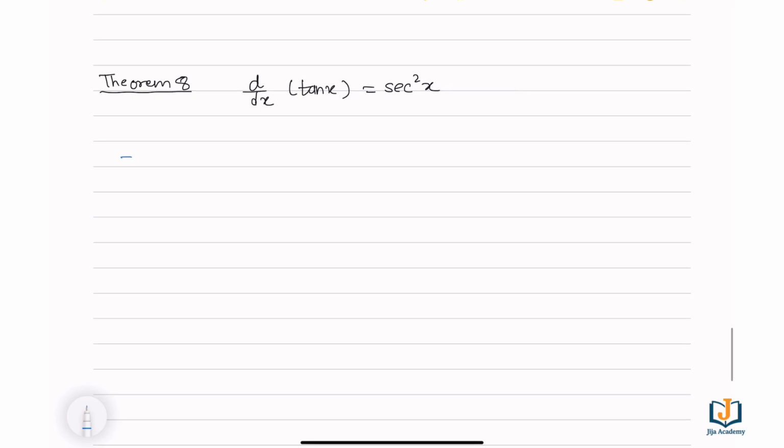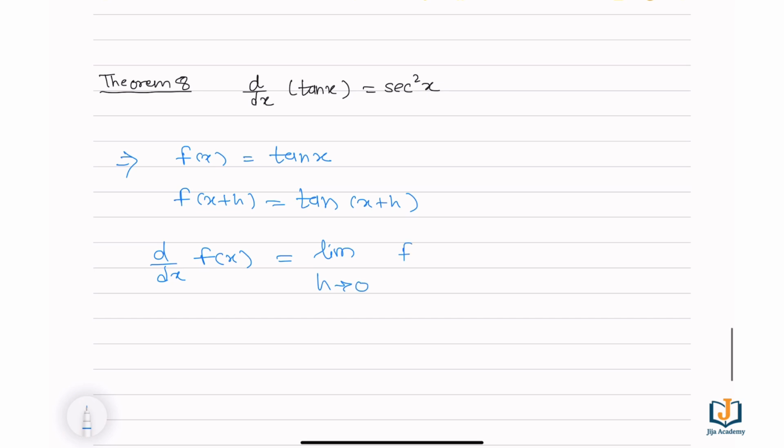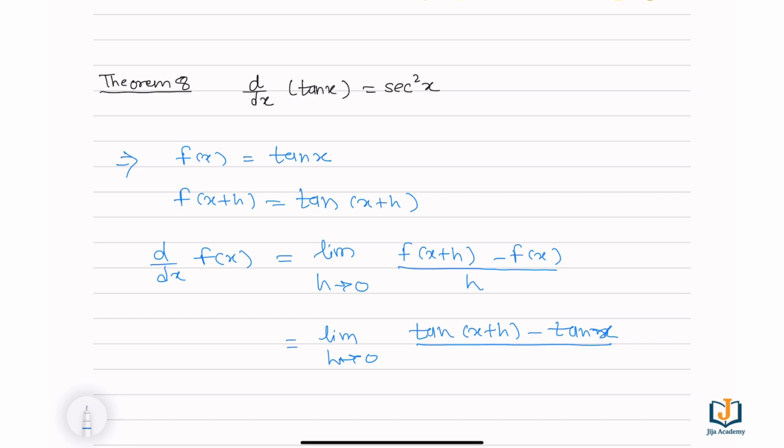So here f of x is equal to tan x, f of x plus h is equal to tan (x plus h), and differentiation of f of x by first principle is equal to limit h tends to 0 f of x plus h minus f of x divided by h, is equal to limit h tends to 0 tan (x plus h) minus tan x divided by h.